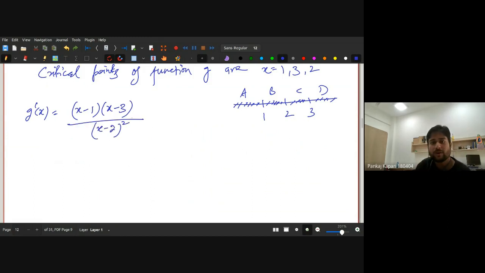So what will happen to the sign of the derivative inside the first interval A? If x is less than 1, then what will happen to the sign of the derivative? Is it positive or negative?